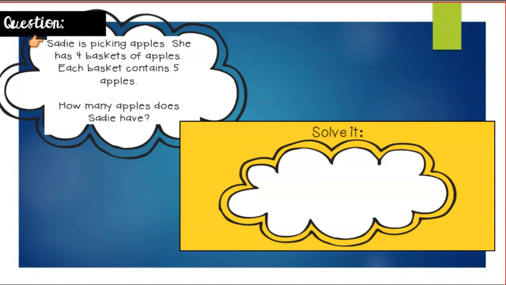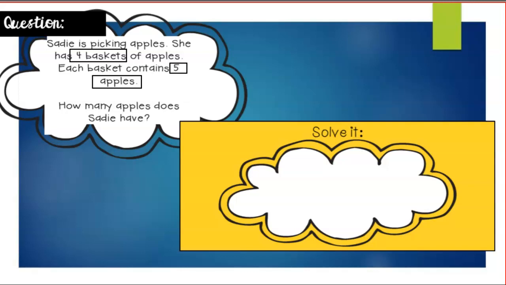Y'all can type to me in the chat or grab the mic. What two numbers are we multiplying? 4 columns and 5 indents. Oh, 5 columns and 4 indents. Very good. So we're multiplying 5 and 4, and you can do an array and do the columns and the rows. Like Lemuel said, 5 columns with 4 rows, or 5 rows with 4 columns.